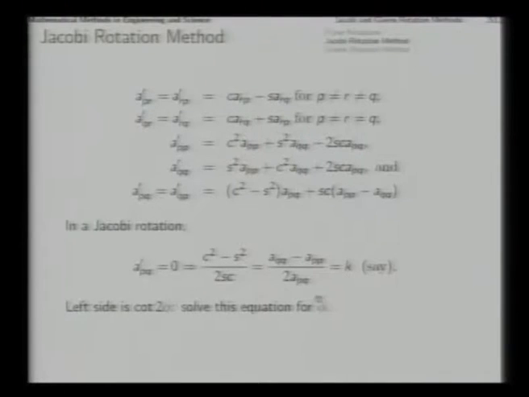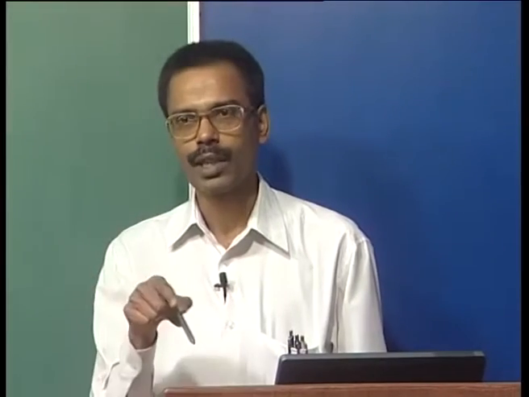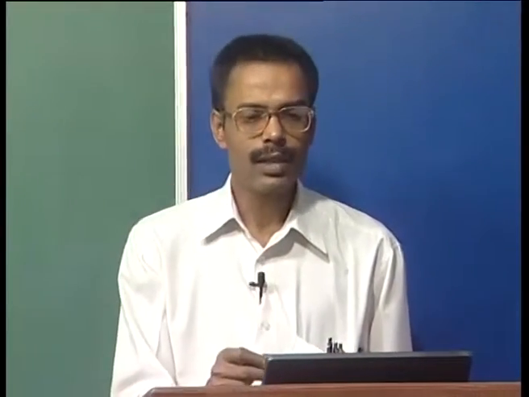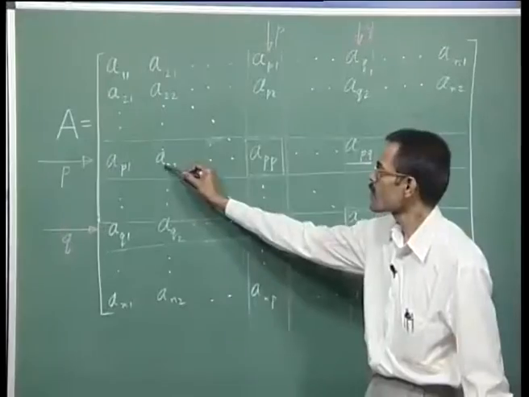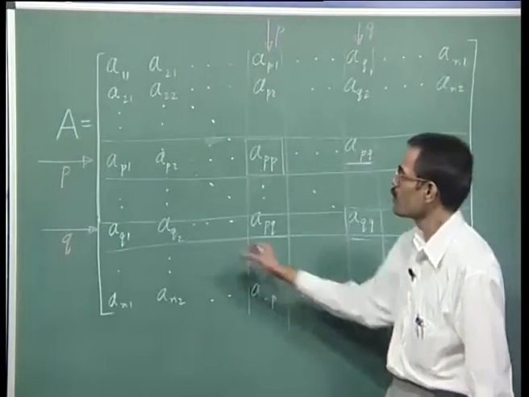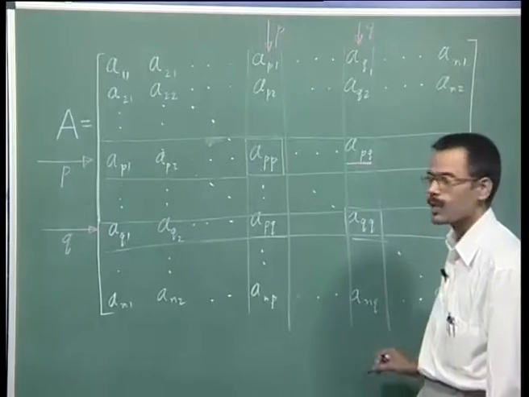So, that means we can solve for phi. Once phi is solved, we have got cos phi and sin phi, and so we have got the complete rotation matrix in hand. And using that cos phi and sin phi here, we find out all the changes in the pth row, pth column, qth row and qth column.